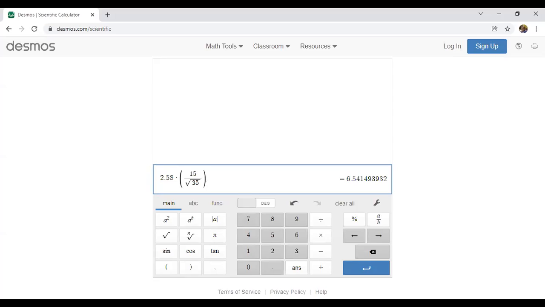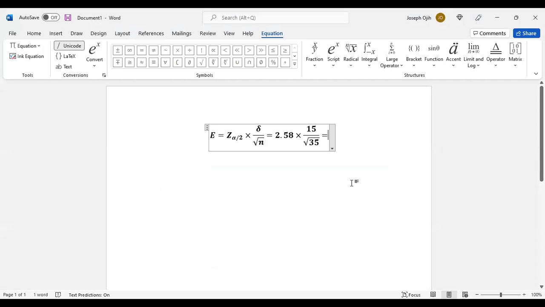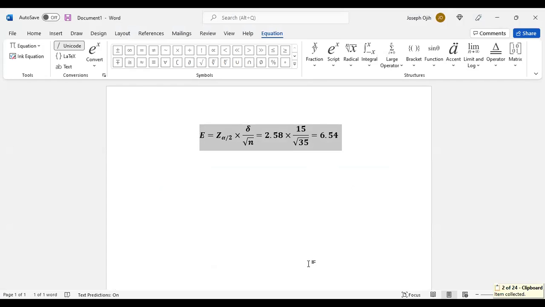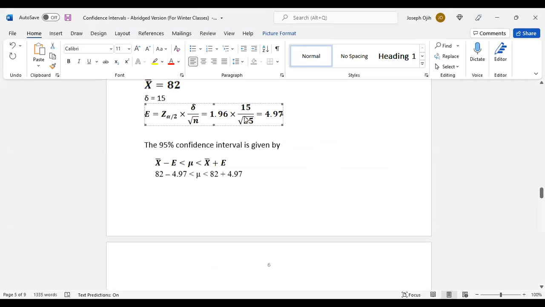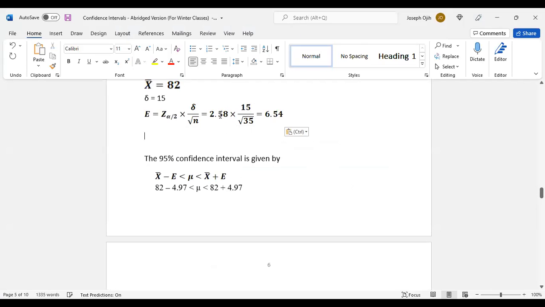I can just go to our main workbook. I copy this and place it right there, 6.54.